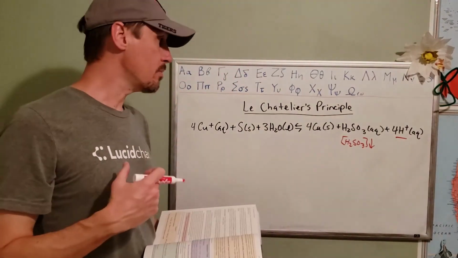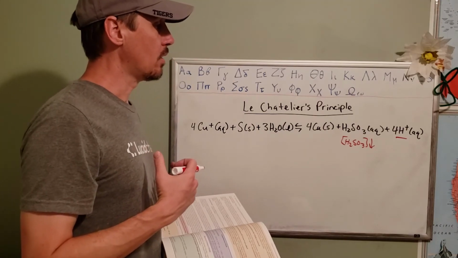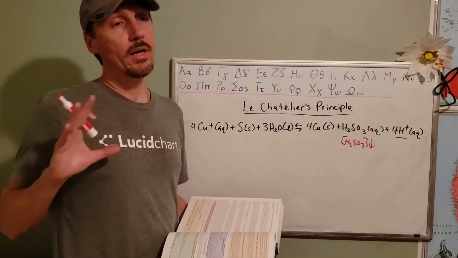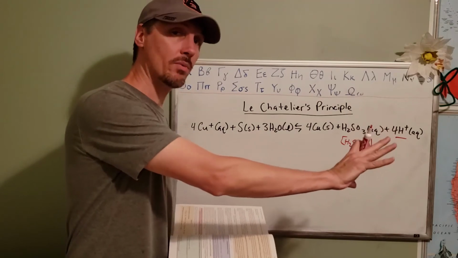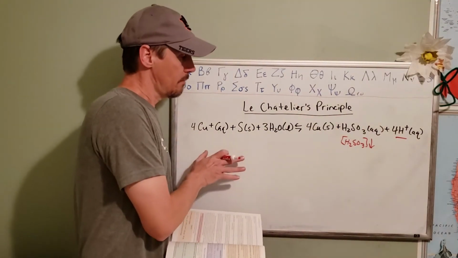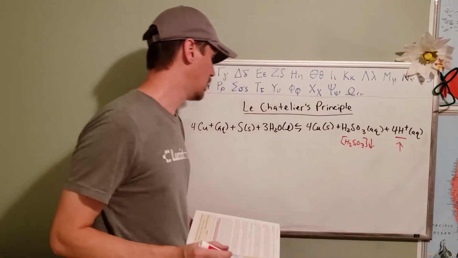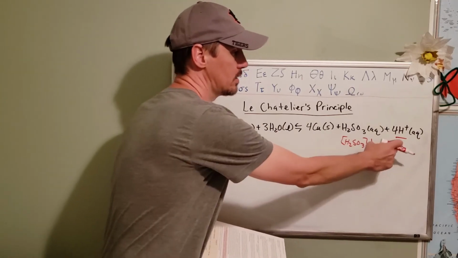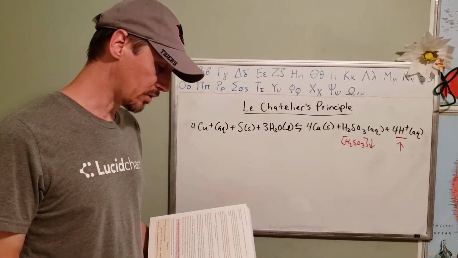Again, the statement that we made based on Le Chatelier's principle was that if concentration goes down on one side, then the reaction is going to shift in that direction, toward the side where there was a decrease in concentration. So again, this reaction is going to shift towards the reactants, and just like we saw last time, when this decreases, H+ again is going to increase, right? The concentration of H+ will increase.